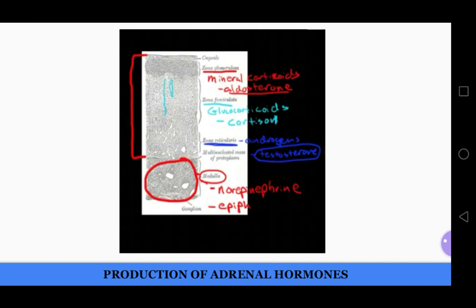The main hormone is cortisol. And then zona reticularis produces androgens in various proportions, including testosterone. Then there is the medulla. The medulla secretes norepinephrine and epinephrine.